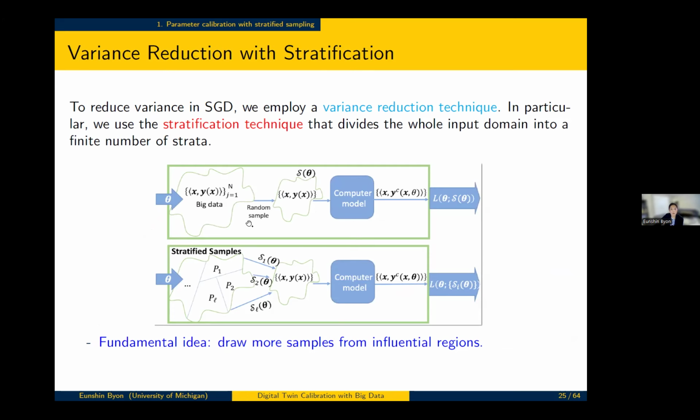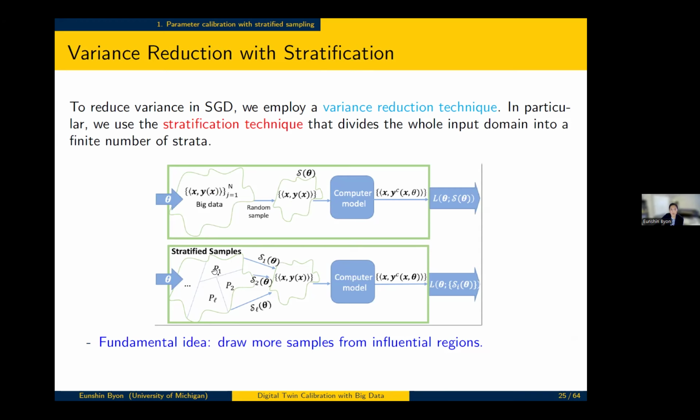In original SGD, from the big data with capital N data points, we randomly draw the sample, and then we run simulation. But in stratified sampling, we first divide the input space. We partition the input space, and in each partition, we draw samples.